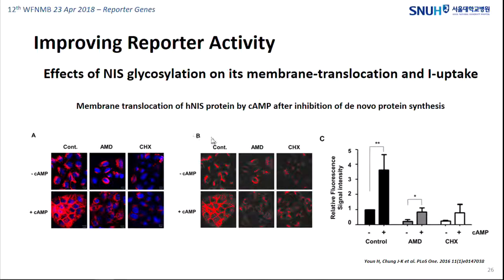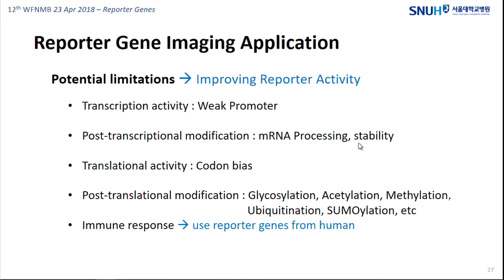We also stopped the de novo protein synthesis to see what happened, because cyclic AMP can stimulate protein synthesis, so at least we have to know about that. Cyclic AMP itself can improve the translocation of NIS from the cytosol to the membrane, and we found that it is working.